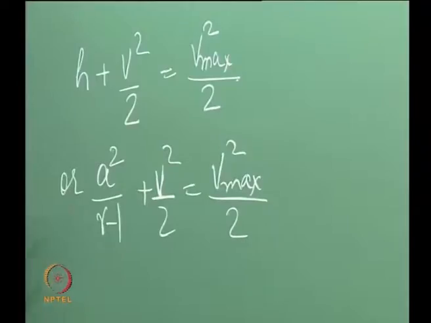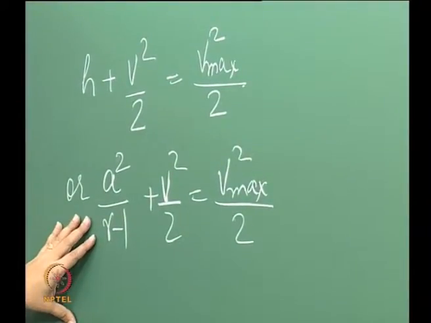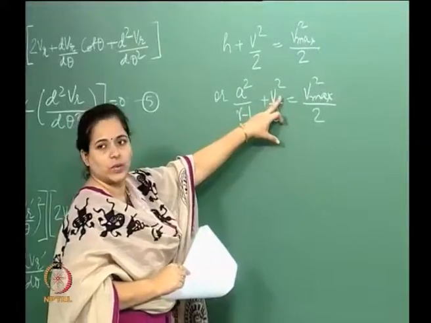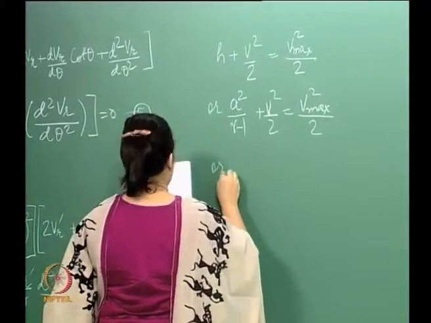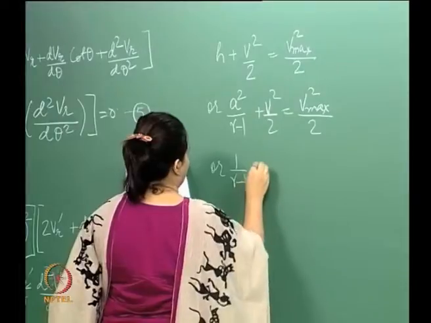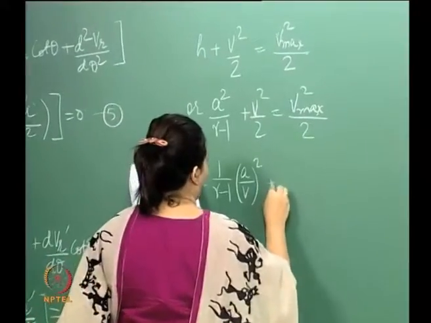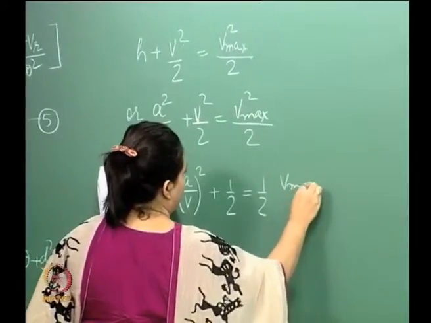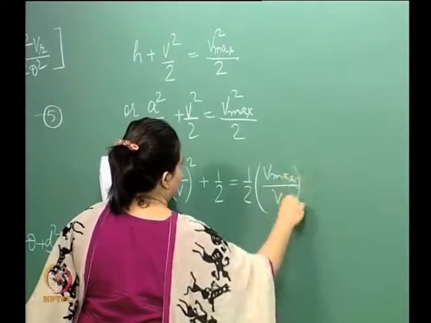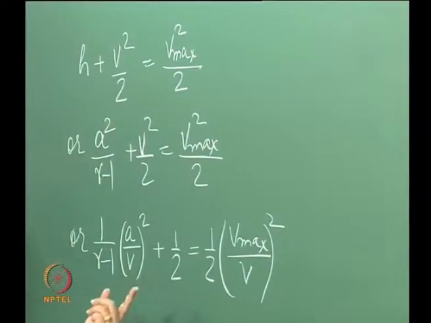What we will do over here is divide by v square throughout, and what we get here is this. I divided this equation by v square throughout, so you can see what we tend to get.